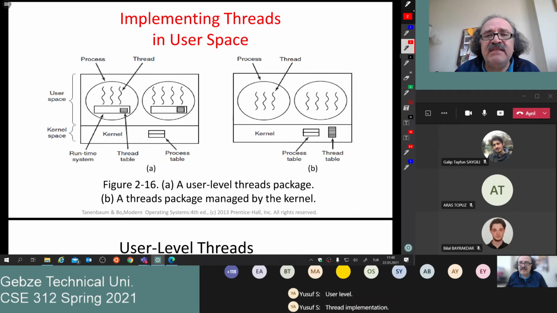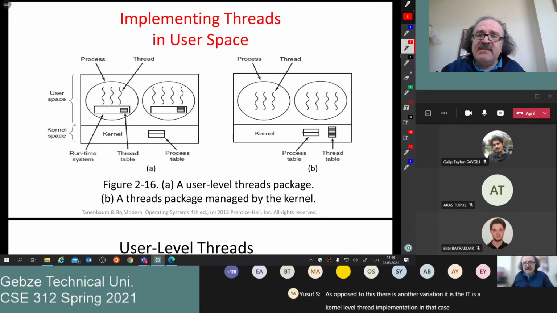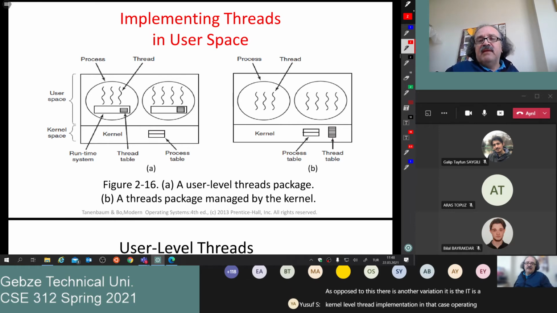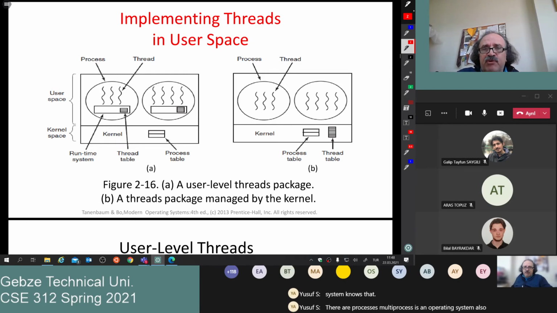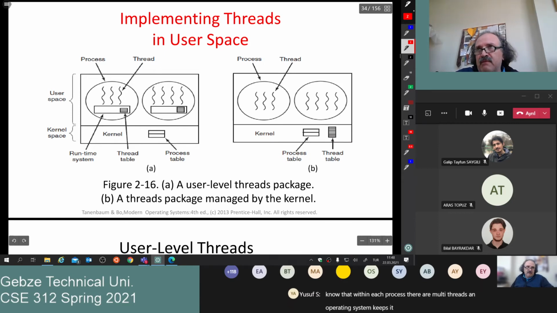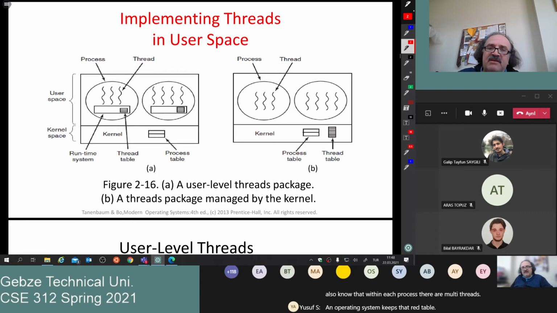As opposed to this, there is another variation: kernel level thread implementation. In that case, the operating system knows that there are multiple processes, and it also knows that within each process there are multiple threads, and the operating system keeps the thread table.